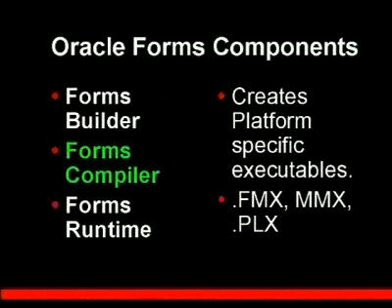These have an extension of FMX for the form that correlates to the FMB, MMX for the menu that correlates to the MMB, which is the menu builder, and PLX, which would be the compiled PLL file. Now, you take those, like the PLX, the FMX, the MMX, and then you run them in runtime.